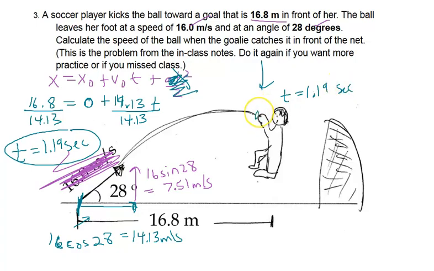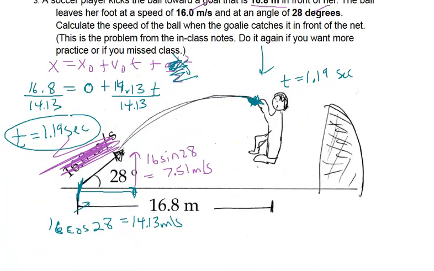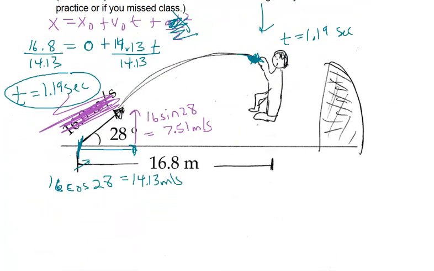But we want to know, hey, how hard is that ball going to hit the goalie? And so we want this speed. So I'm liking this orange. So V naught X is same as it ever was, 14.13.